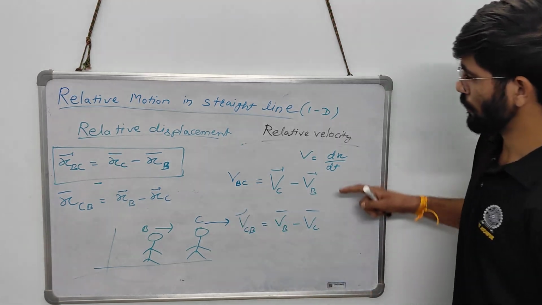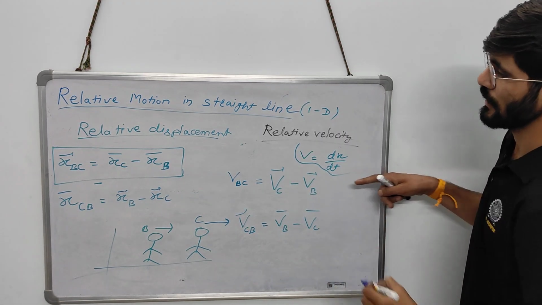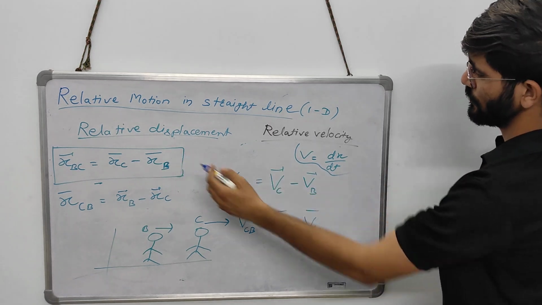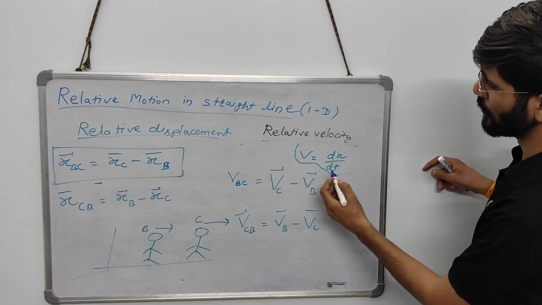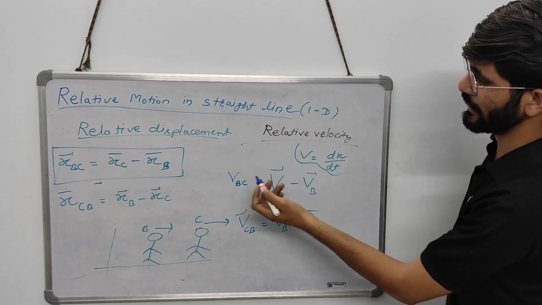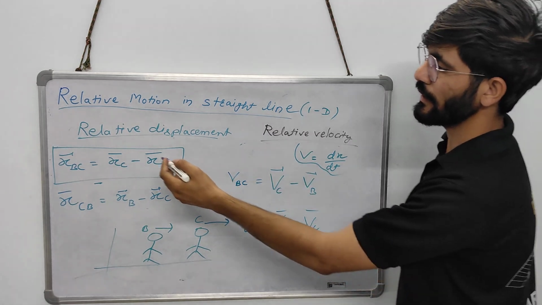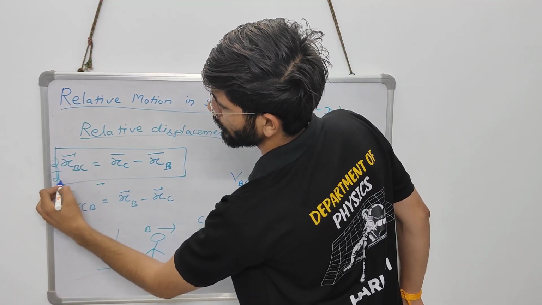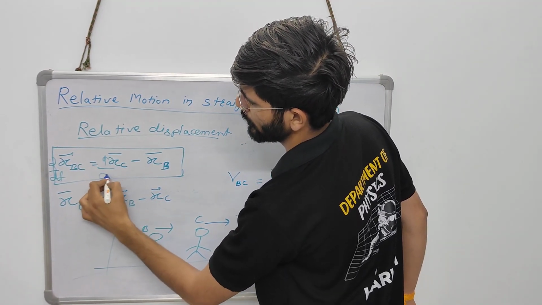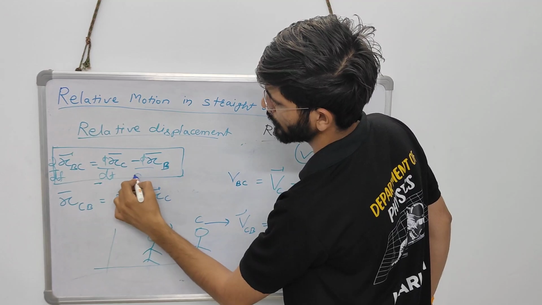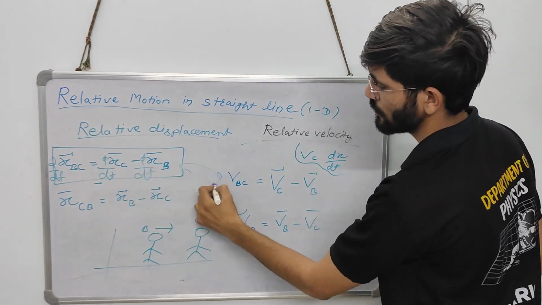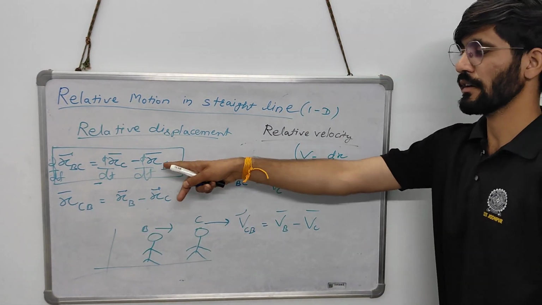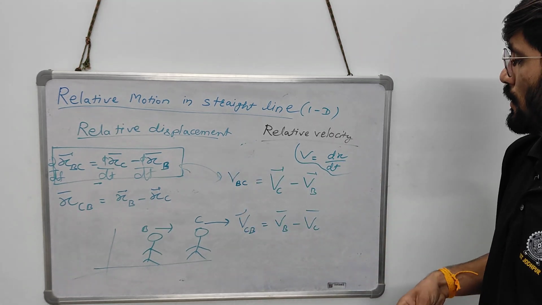How does it come? We can easily derive this term when we take the derivative of the whole term, then this gives this term. So easily we can derive from here to here.